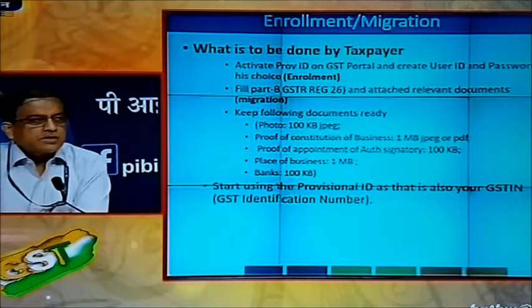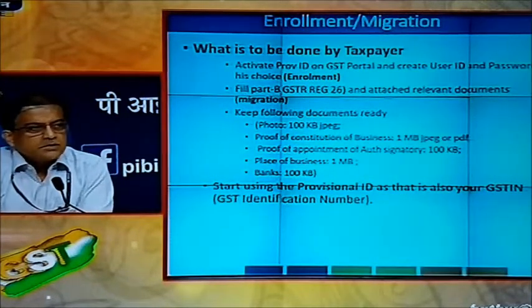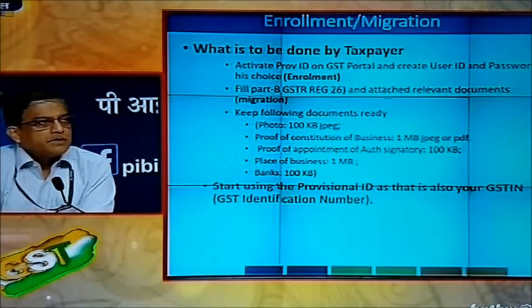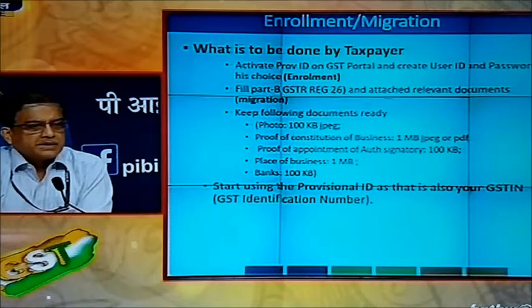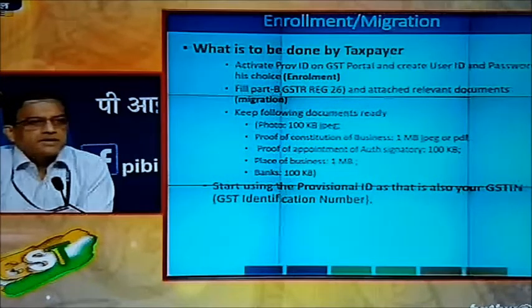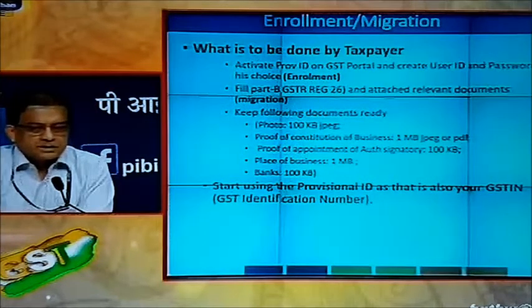Now, what is required to be done? One is what we call enrollment. Once you get your provisional ID and the token from your tax authority, you need to activate it, and that is what is called in common parlance enrollment.